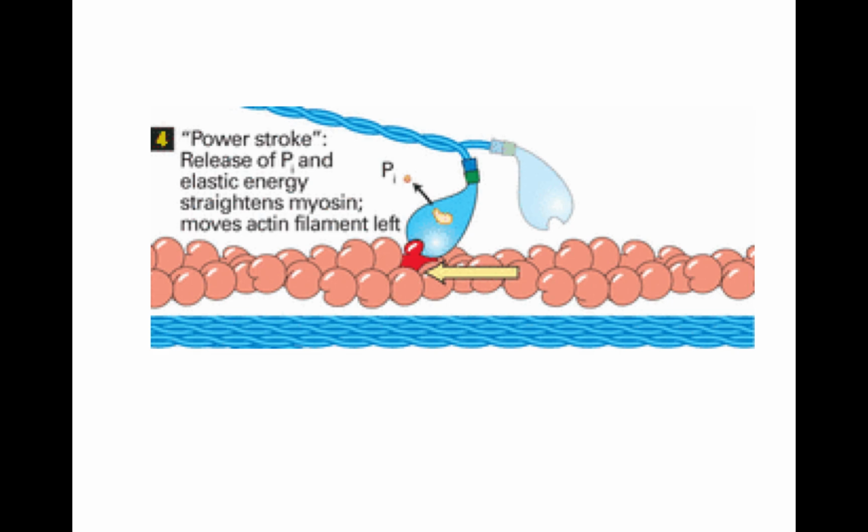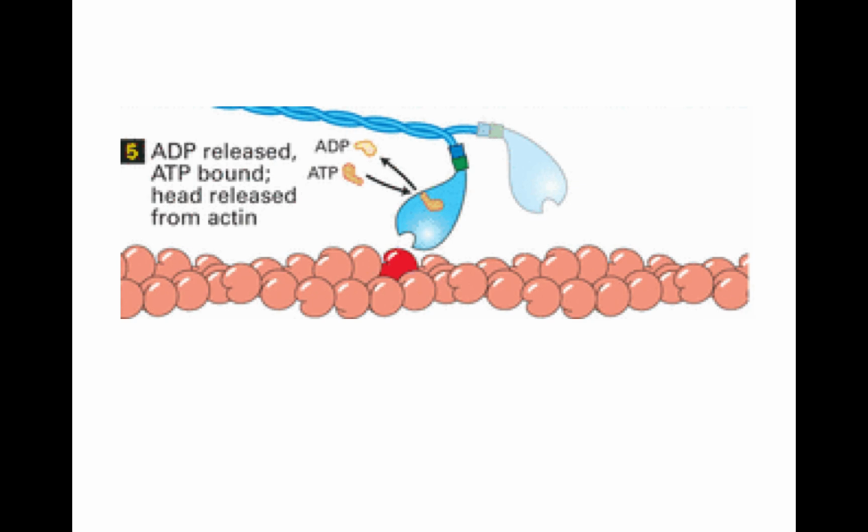That's called a power stroke, and that's when myosin actually moves on actin. Okay? Moves actin, causes actin to move, and myosin stays put. Okay? Then ADP is released, and then a new ATP molecule is bound, and you repeat the cycle.